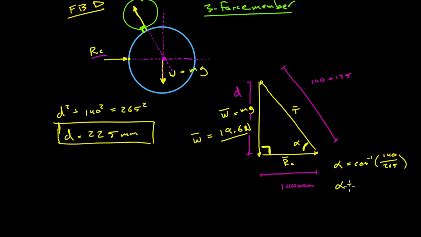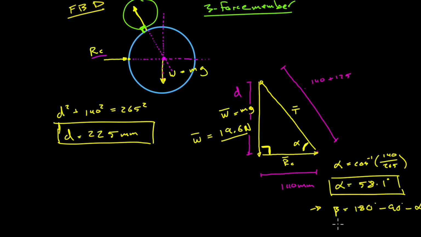And so alpha we can calculate as about 58.1 degrees, which also implies, of course, that beta has got to be equal to 180 degrees total in the triangle, minus 90 degrees for the right angle, minus alpha, which we just calculated. So beta is going to work out to be about 31.9 degrees. Beta, of course, being this third angle up here.